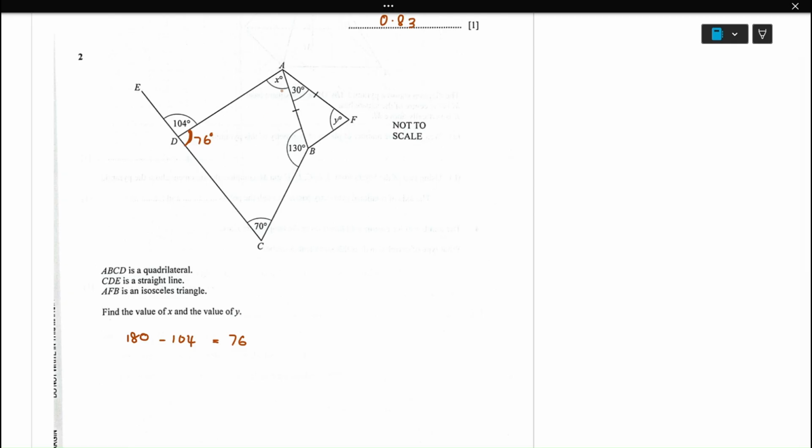The next thing, ADCB is a quadrilateral. The sum of all the angles is going to be 360, so we need to find x.